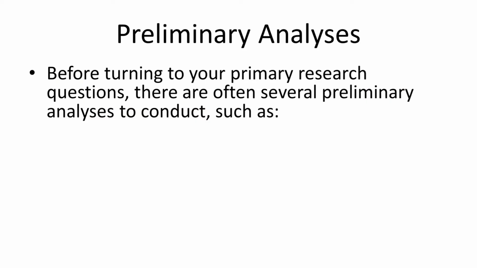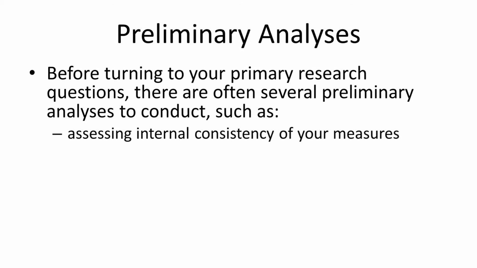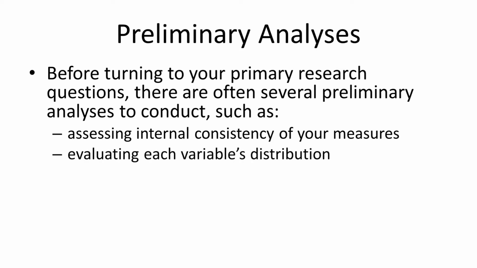And then there's one final thing that you should probably do before you really get started with your analyses, before you actually conduct those analyses, and that is to do a preliminary analysis. And there's several preliminary analyses you could conduct, such as just trying to assess the internal consistency of your measures or evaluating each variable's distribution.